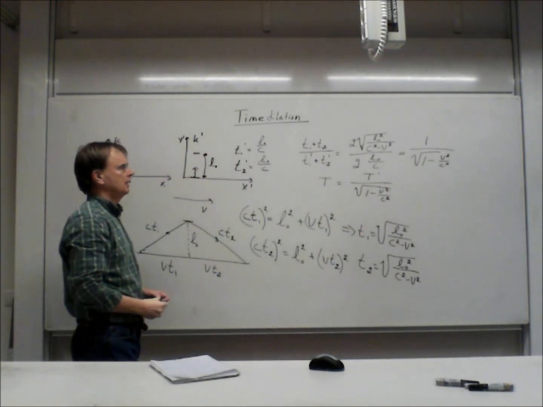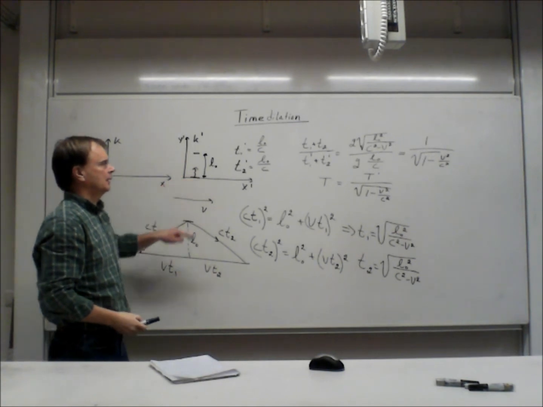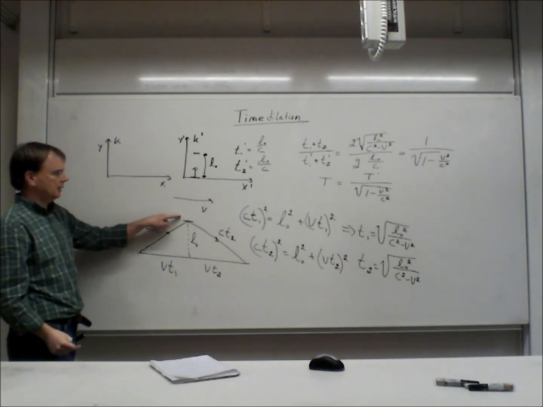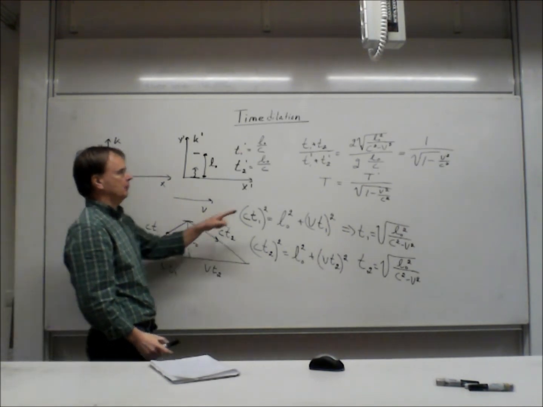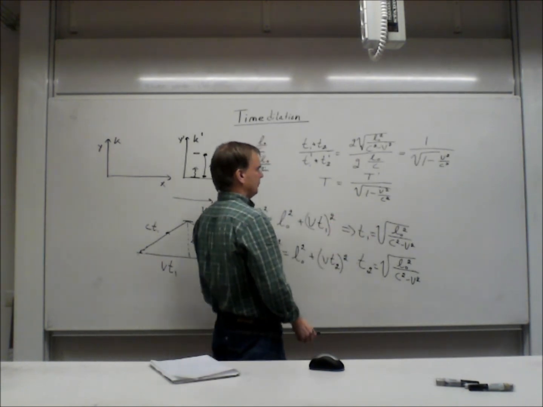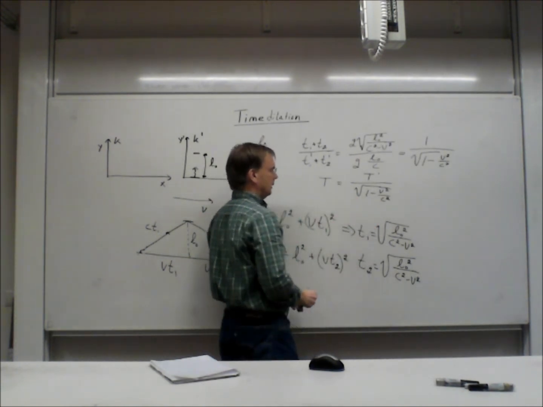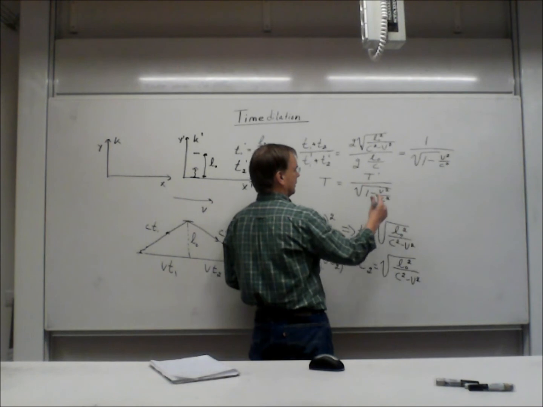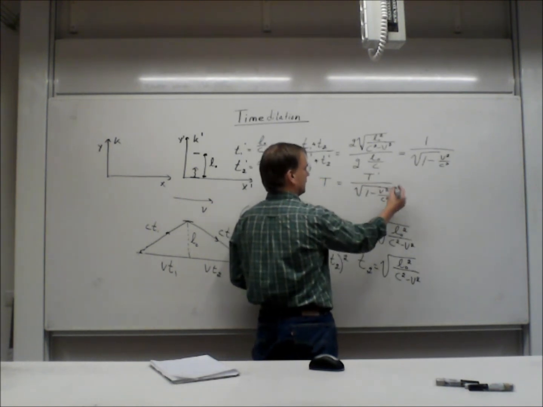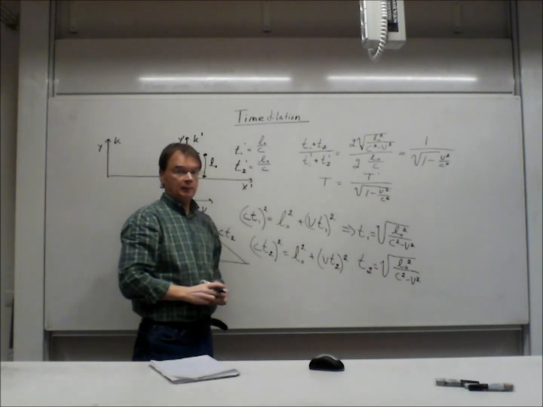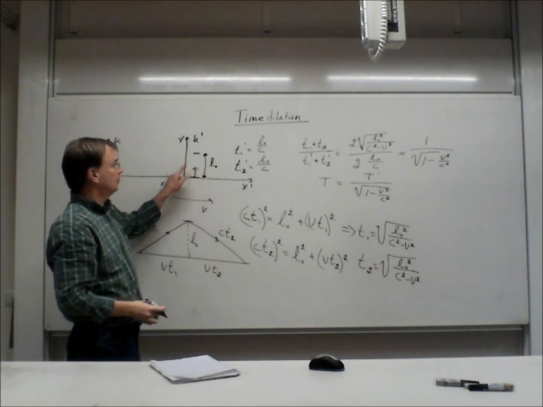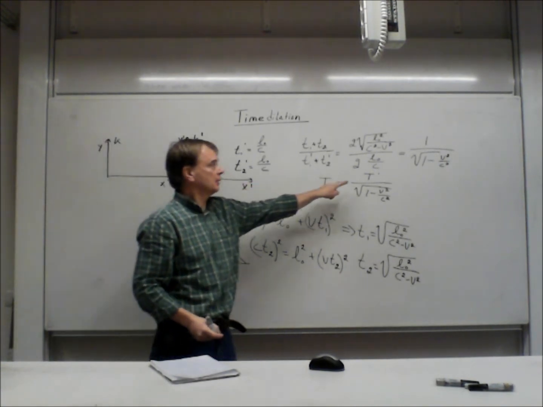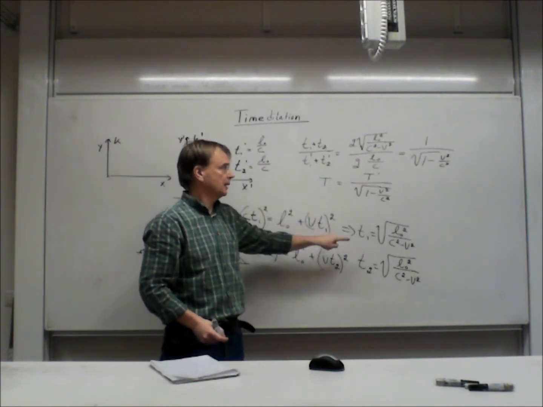So the time interval in this system is t prime, and the time interval defined in this system will be longer by this factor, which we call the gamma factor. 1 over this factor is the gamma factor. So this is the time dilation. The clock moving will appear to go slower than the clock at rest, by this factor.